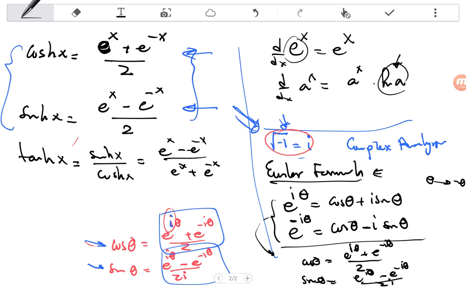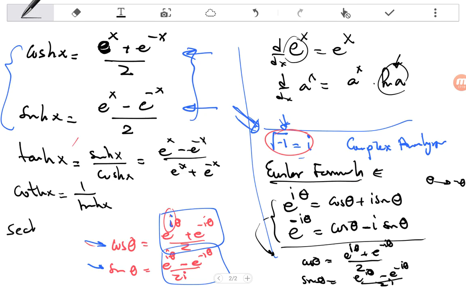Okay, so this is the definition of tanh x. We may also define cotanh x, which is just the reciprocal of tanh x.